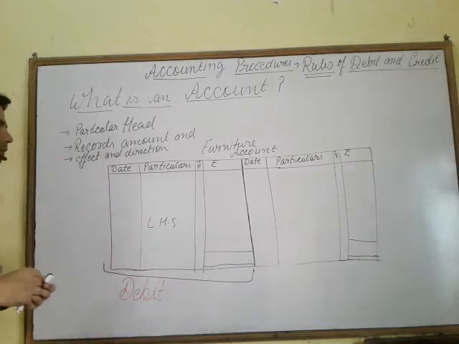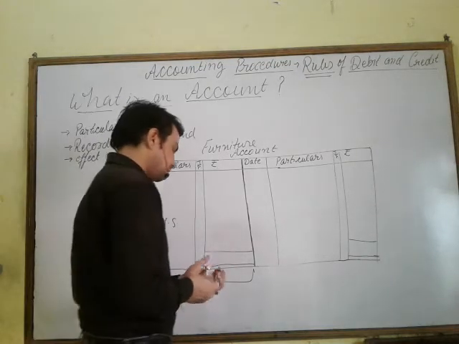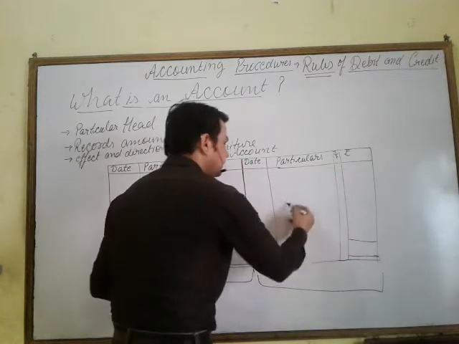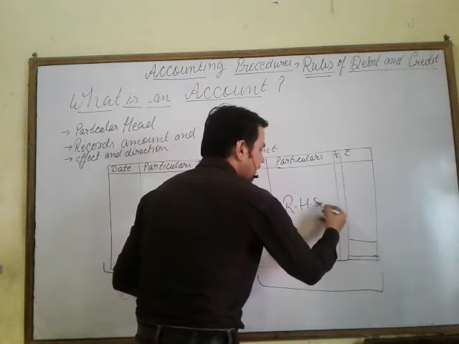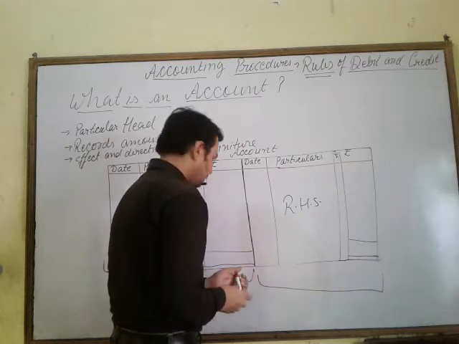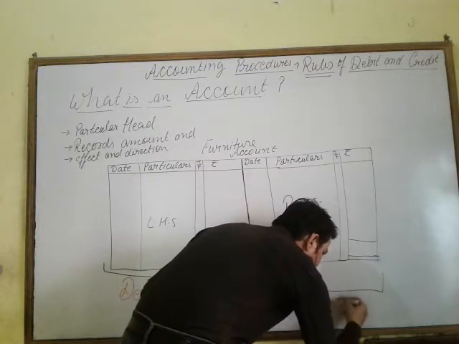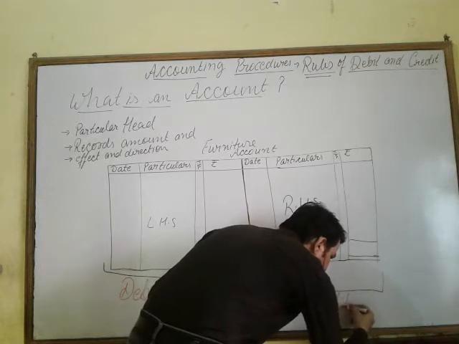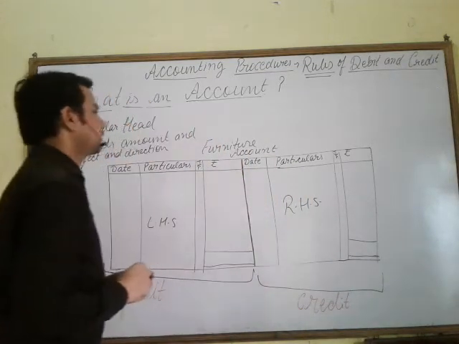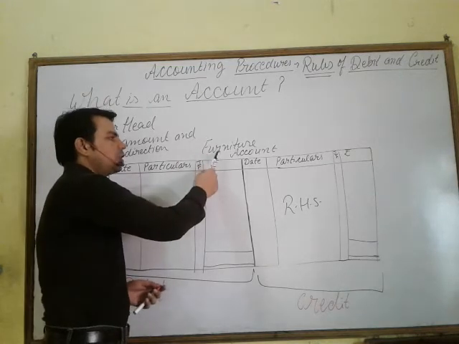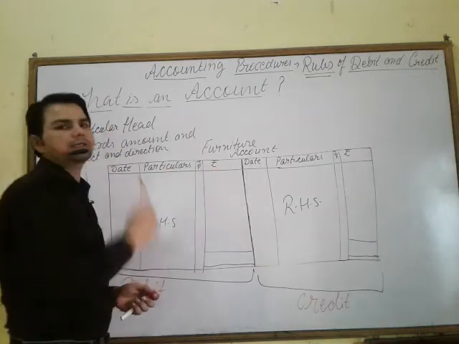And always remember that the right hand side, RHS, is called credit, whether this is furniture account, cash account, machinery account, car account, etc.